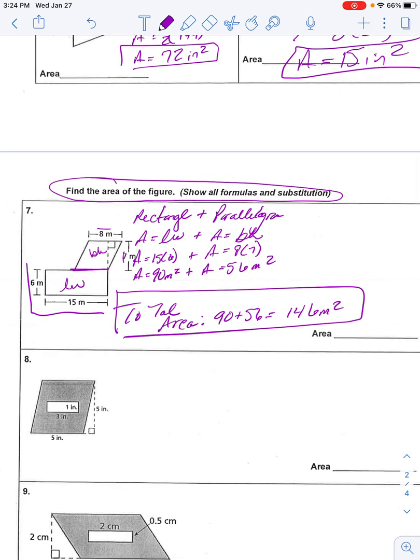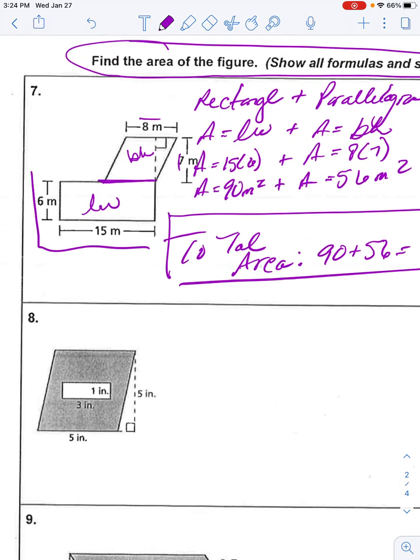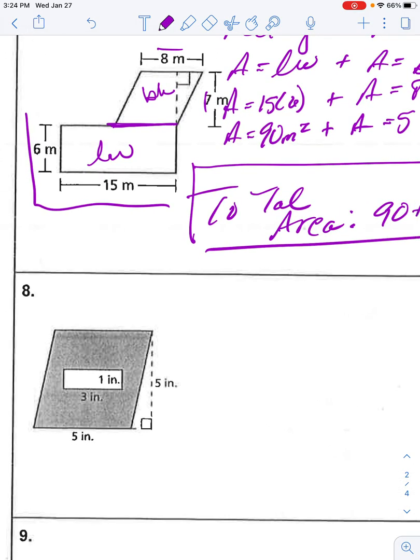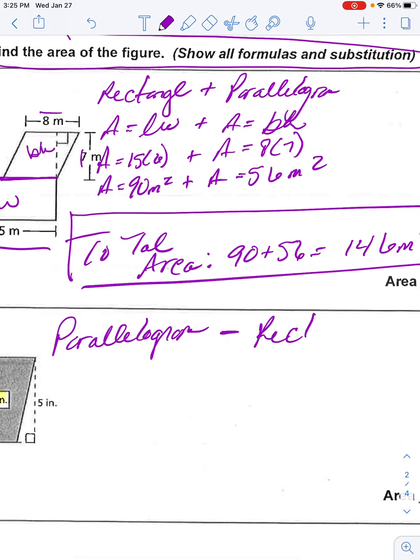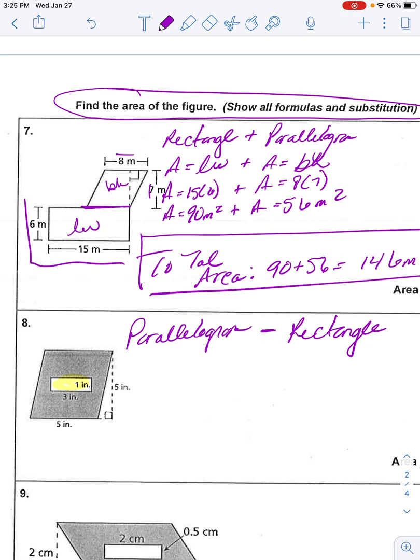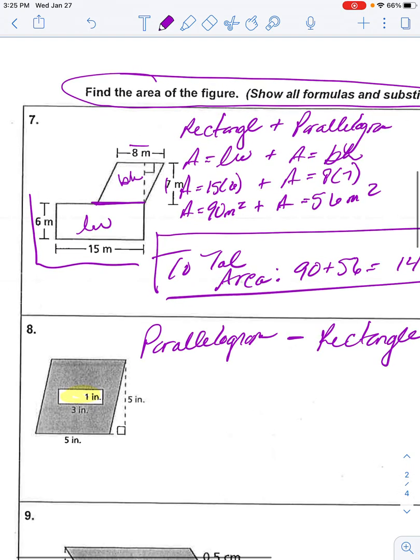Number 8. You are going to find the area of the shaded region. There's a small rectangle inside that parallelogram that's not shaded, so we're going to have to take this small rectangle out. If you remember back to the beginning of the chapter, I have a parallelogram, and I'm going to subtract out that small rectangle inside because it's not shaded.